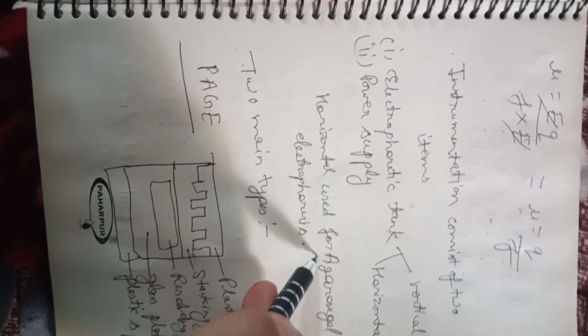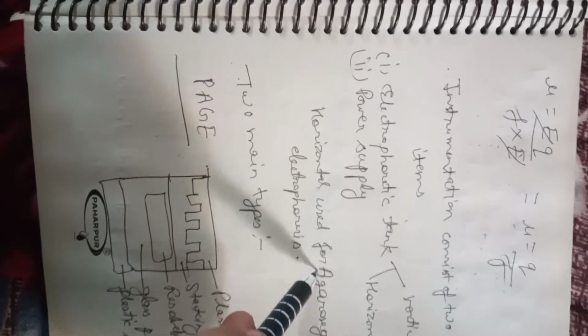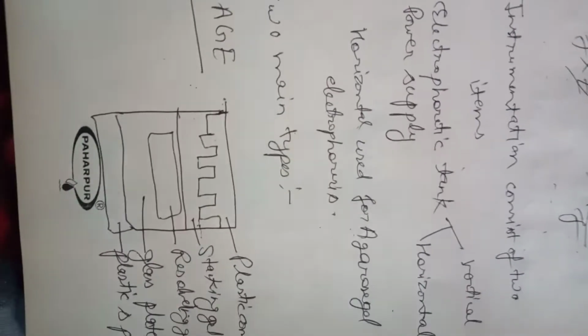The electrophoresis equipment consists of two items: an electrophoretic tank and an electrophoretic power supply. The electrophoretic tank is of two types: vertical and horizontal. A horizontal tank is used for agarose gel electrophoresis.